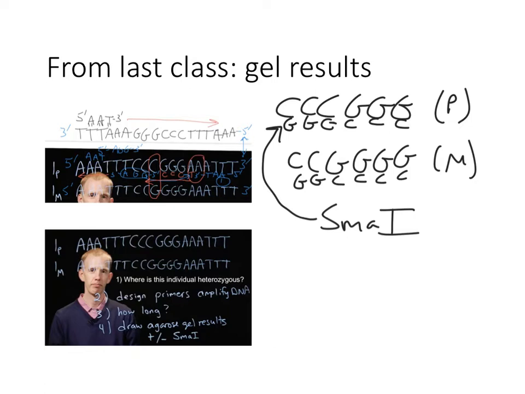So that's small 1. So which of these two will it cut? Either or both, paternal, maternal, or both? Wait a second. What happened when this mutation, the SNP, occurred? We have small 1's restriction site here, CCC, GGG on one strand.